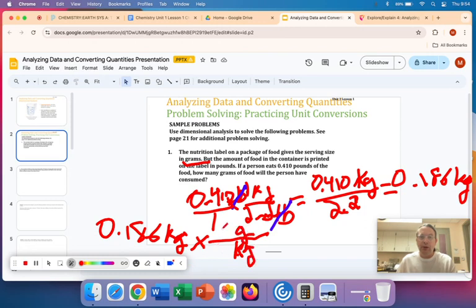So I know that 1,000 grams is equal to 1 kilogram. So these units will cancel. And if I multiply 0.186 times 1,000, I don't need my calculator for that. I can move the decimal point 1, 2, 3 spots to the right. So that's 186 grams.